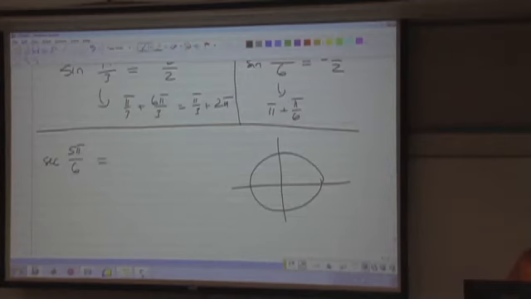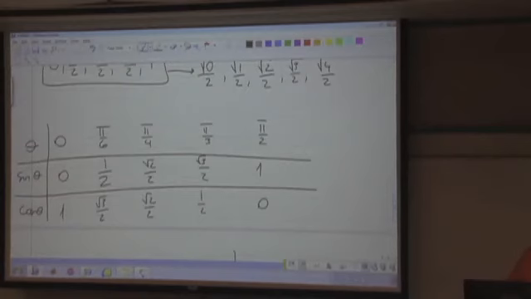Keep in mind, if it involves square root of 2, it is divided by 4. Is everybody understanding this? Do you understand why this is the case? Remember our values. Where would square root of 2 come into play? Both cosine and sine are square root of 2 over 2 at pi over 4, right?